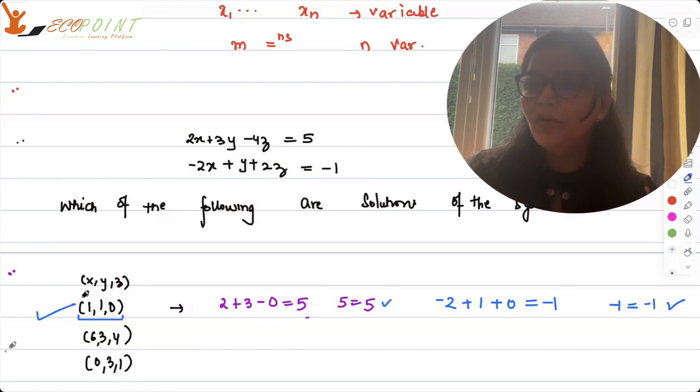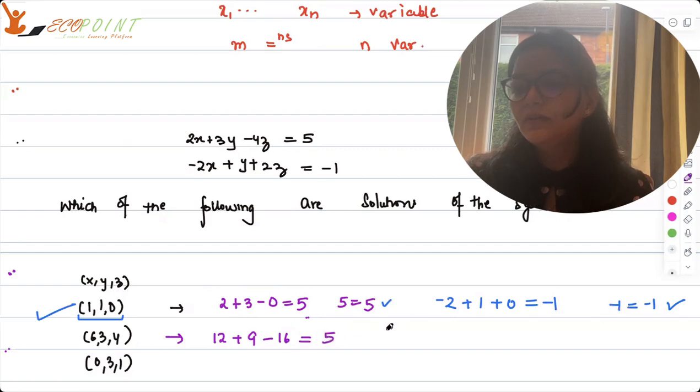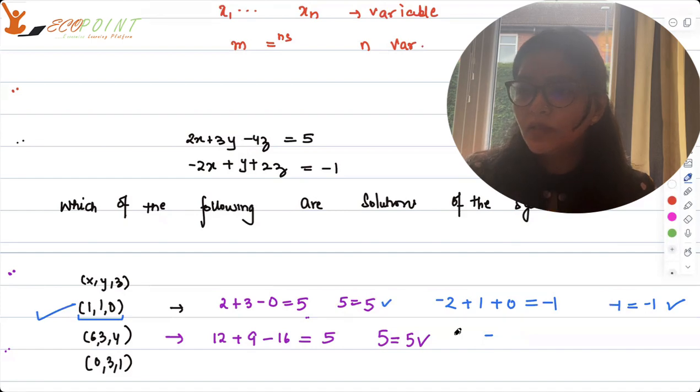What about (6, 3, 4)? Check on the same lines. You will get 12 plus 9 minus 16, which indeed is equal to 5. So you are getting 5 equal to 5. This is a solution to the first equation. Is it a solution to the system? For that, I need to check whether it solves the second equation as well.